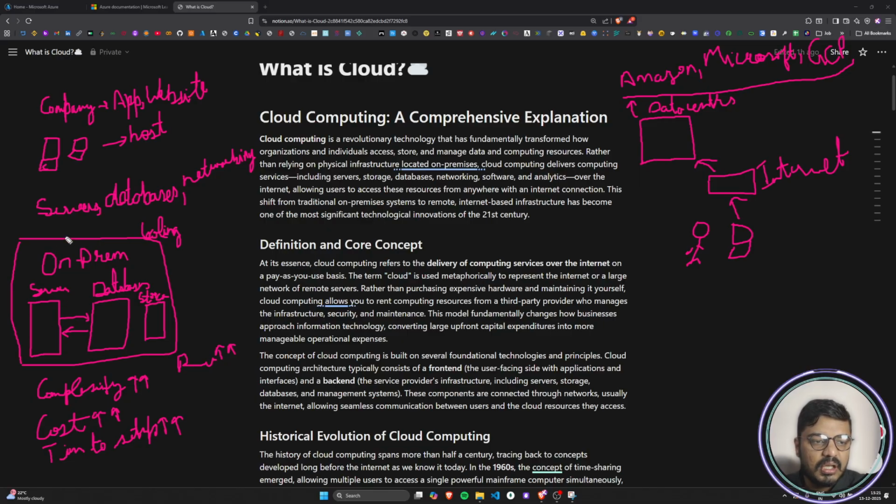Let's suppose an earthquake happens or a fire breaks out and this whole thing goes down. So the organization will lose all the data. So what will it do? It will create a replica of this on-prem infrastructure somewhere else, maybe on a rented place, or if it has some office at some other location, it will create a replica of it.